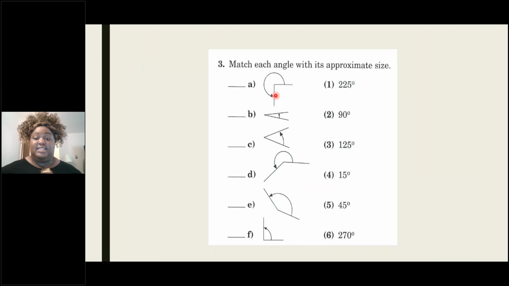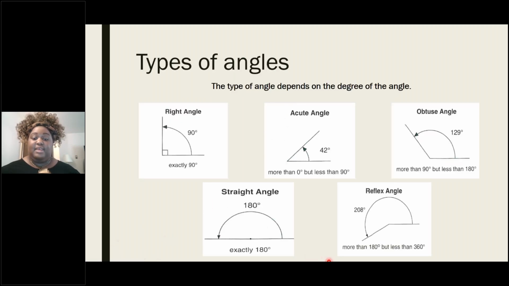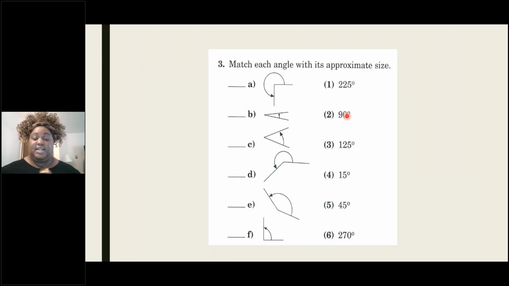So what that lets us know is that it should be, going back, more than 180 degrees, but less than 360. So looking at our choices here, it could be number 1, won't be number 2, won't be 3, 4, won't be 5. So it could be 1 or 6. So looking at this, and I'm thinking of the circle, it looks like I'm pretty much almost there with the full circle, but I'm missing a piece.